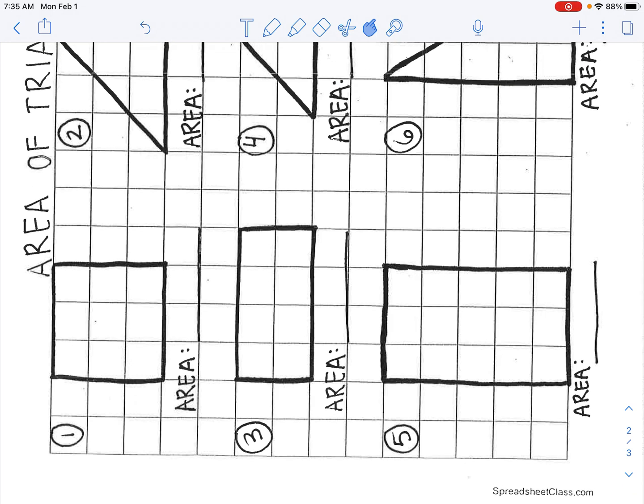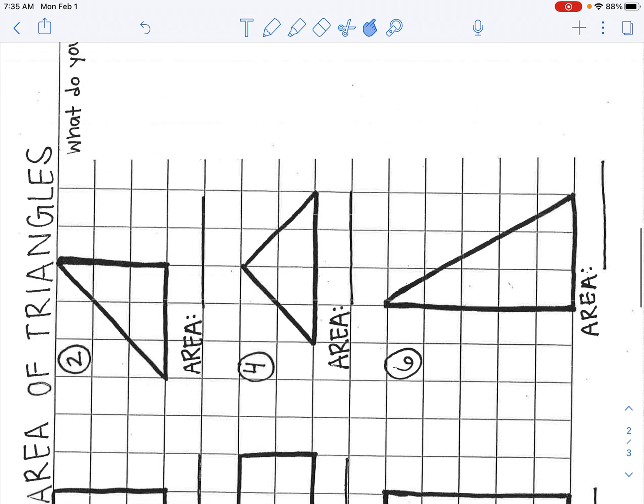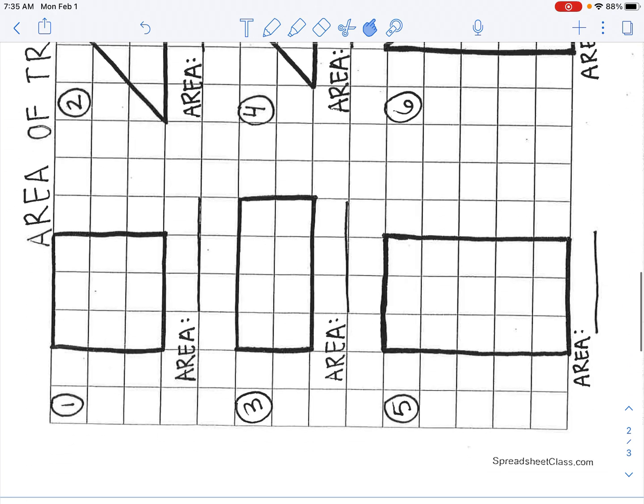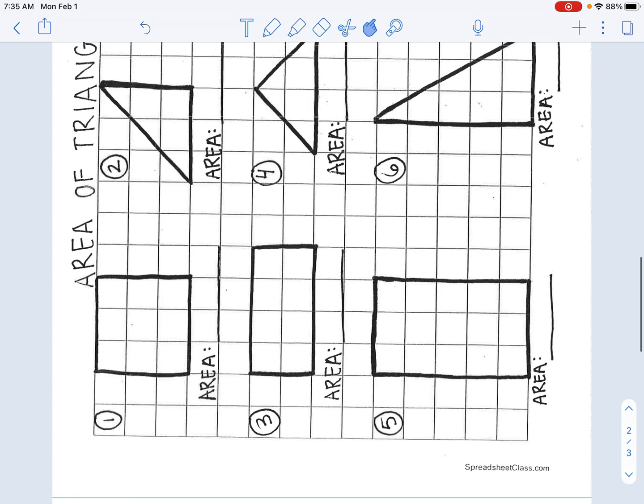So area of triangles, what do you notice? Okay, so let's take a look at number 1. So first of all, this is a square, right? Because we have 1, 2, 3, 4, 5, 6, 7, 8, 9 units.